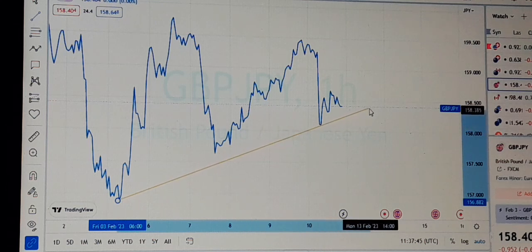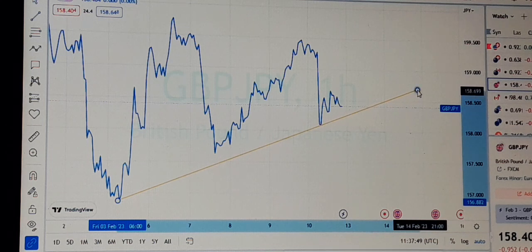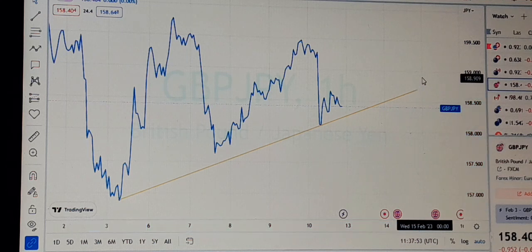That is the past data. Let me just use the current data. Current data right there.